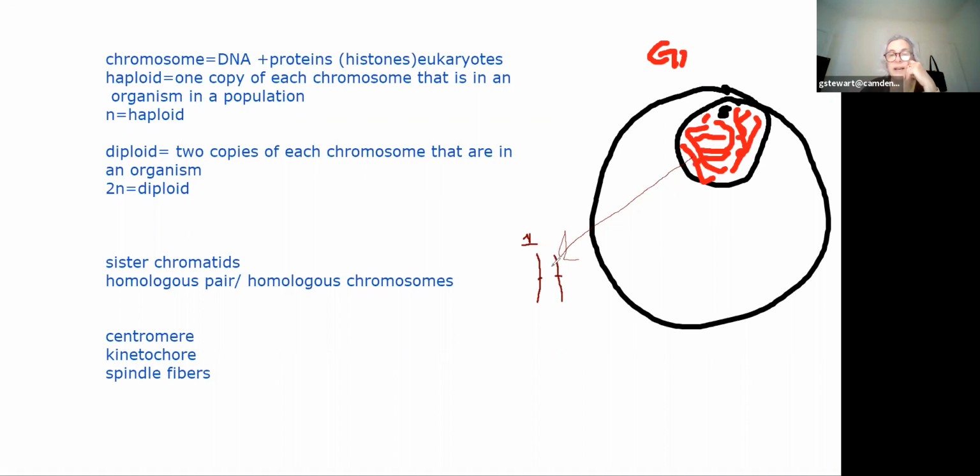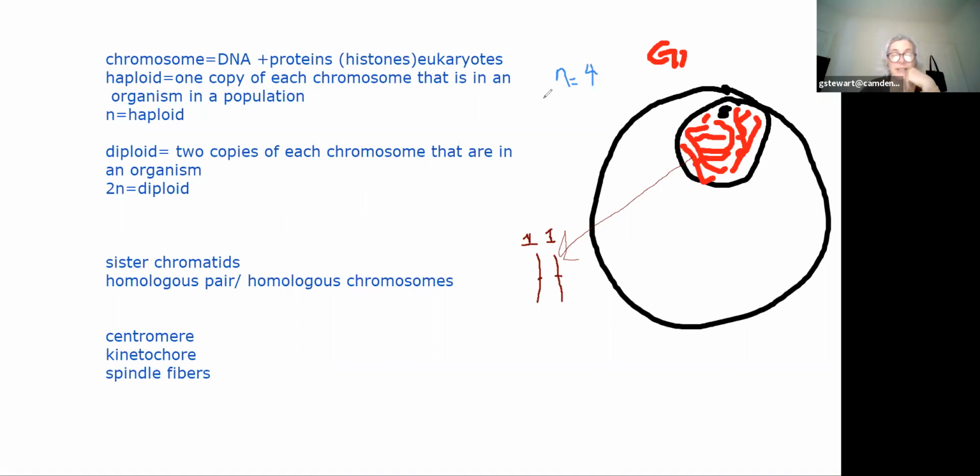They're about the same size. They have their centromere in the same place, that little line that I've drawn to be the centromere. And it is not until S that they are going to each duplicate and become sister chromatids. So this is a cell, let's say n equals 4, just to be different. Let's say there are 4 different chromosomes inside this cell.